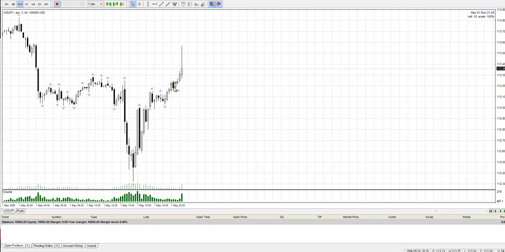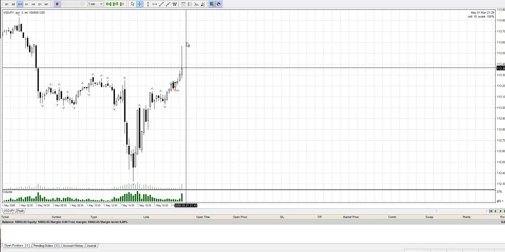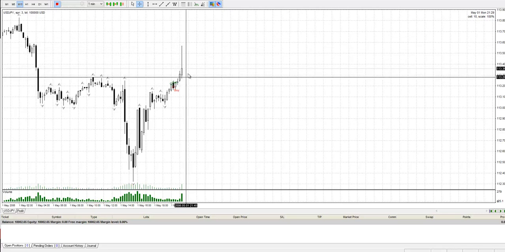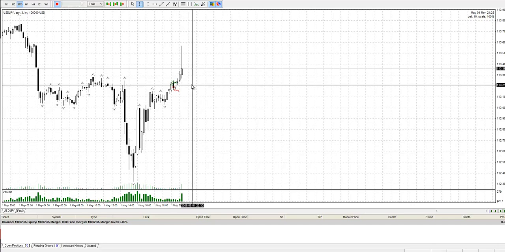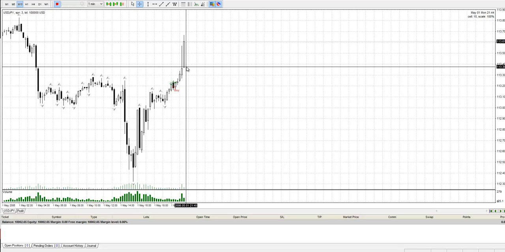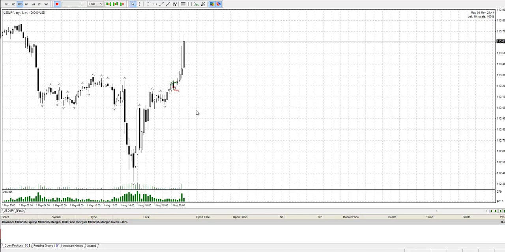Okay, we have another signal over here, but the body is of similar size with the previous candle. We do not care about the range or the wick, we only look at the body. So in this case, we have the same body, so we do not count that. Now for here, we have a larger body, but the volume is smaller than the previous bar, so we can sell here.